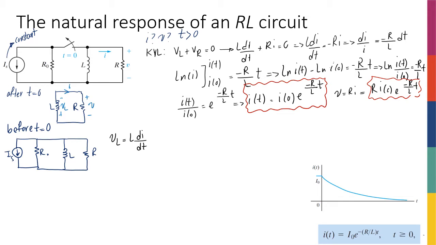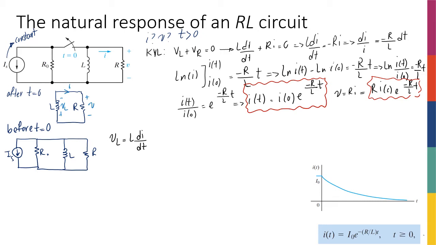So if I have a circuit where there's no change happening, and the question is telling me that from time equal to negative infinity until t equal to 0, for a long time, nothing has happened to this circuit. The switch was closed, my source is constant, and the values of resistors and inductors are not changing.